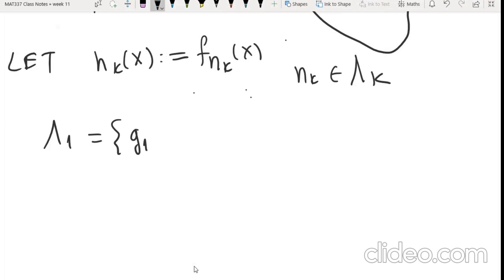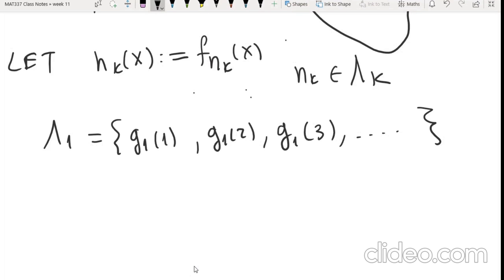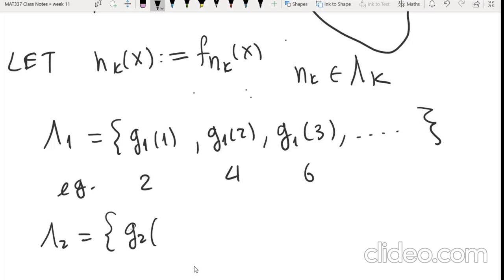So H_{1,1}, H_{1,2}, H_{1,3}. So these are the even guys. For example, this was 2, 4, 6, right? Here's another way to work with subsequences. Now, lambda 2, take it to be G2 composed with G1.